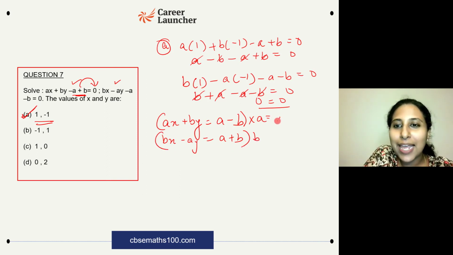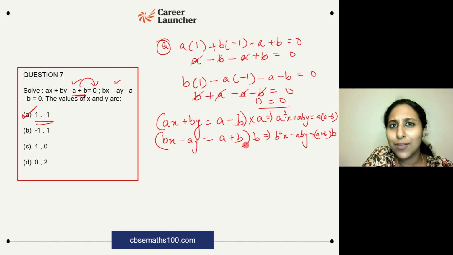We are going to get a square x plus aby is equal to a times a minus b. The second equation would be b square x minus aby is equal to a plus b times b. I'm just using the normal elimination technique, where I'm trying to make the coefficient of one of the variables the same.